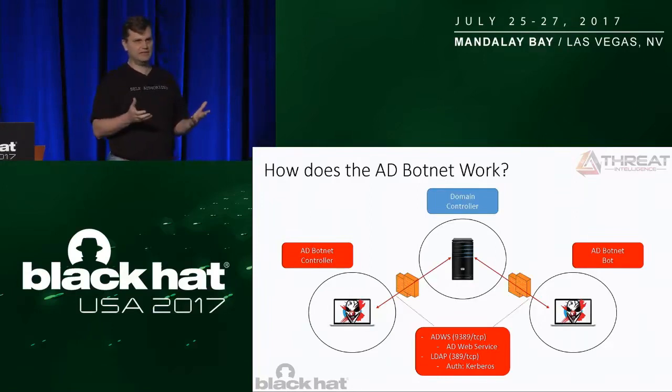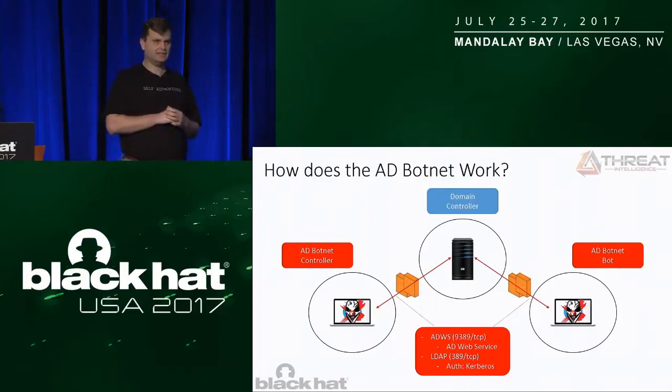It's not something that's going to be easily visible on any of your network detection mechanisms. The other thing is that the normal default logging on Windows in Active Directory typically is not going to detect it either.